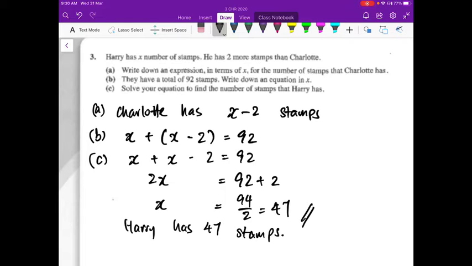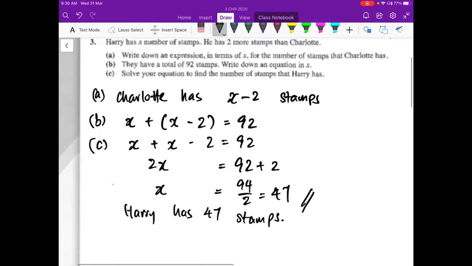Who needs more time? Anybody needs more time?